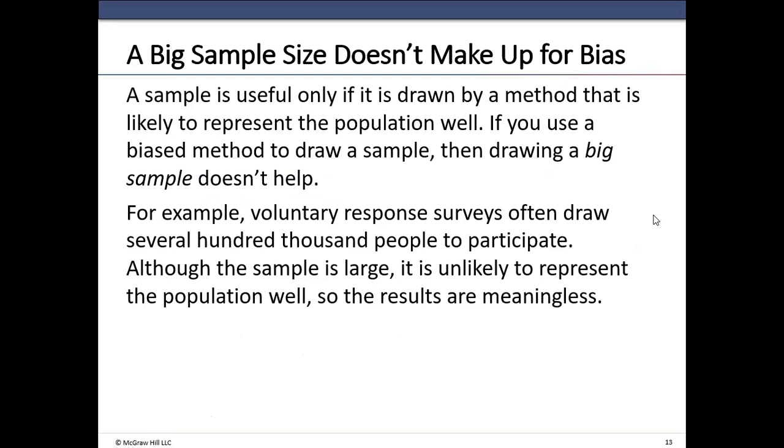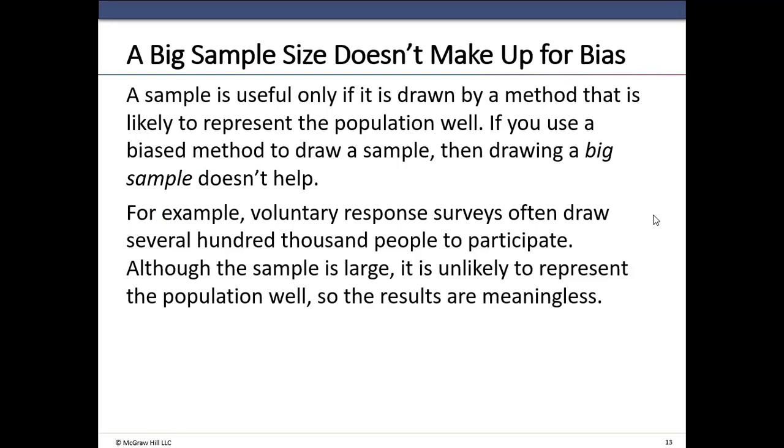If we use a biased method to draw a sample, then drawing a big sample does not help. For example, voluntary response surveys often draw several 100,000 people to participate. Although this sample is large, it is unlikely to represent the population well, so the results are meaningless.